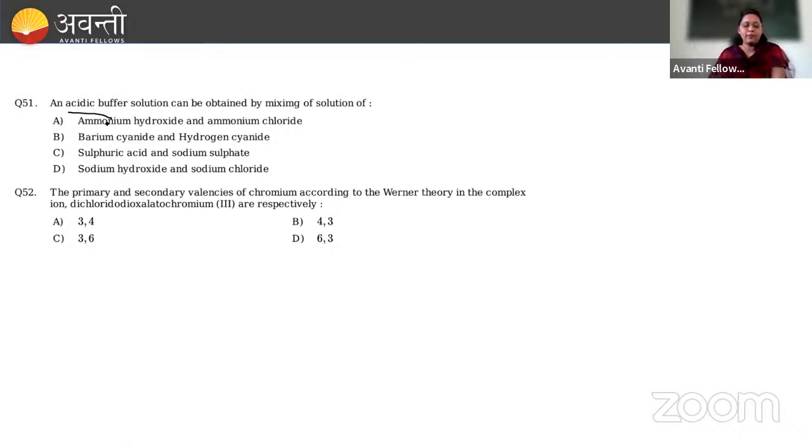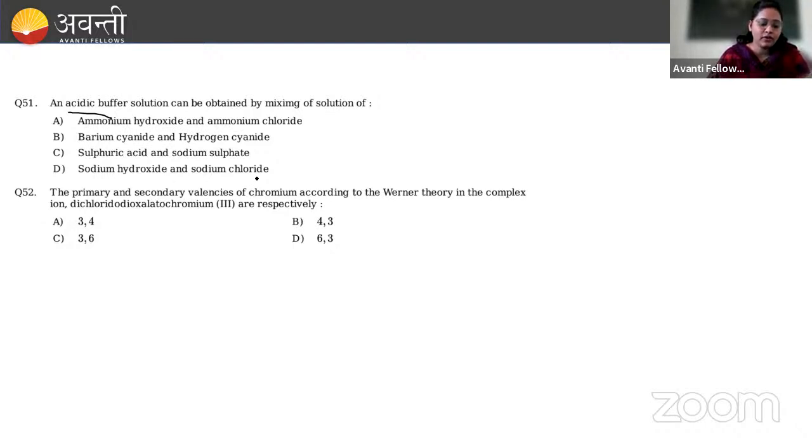The options are sodium hydroxide and ammonium chloride, barium cyanide and hydrogen cyanide, then sulfuric acid and sodium sulfate, then sodium hydroxide and sodium chloride. So there are various options given. Among these, what do you think is the acidic buffer?